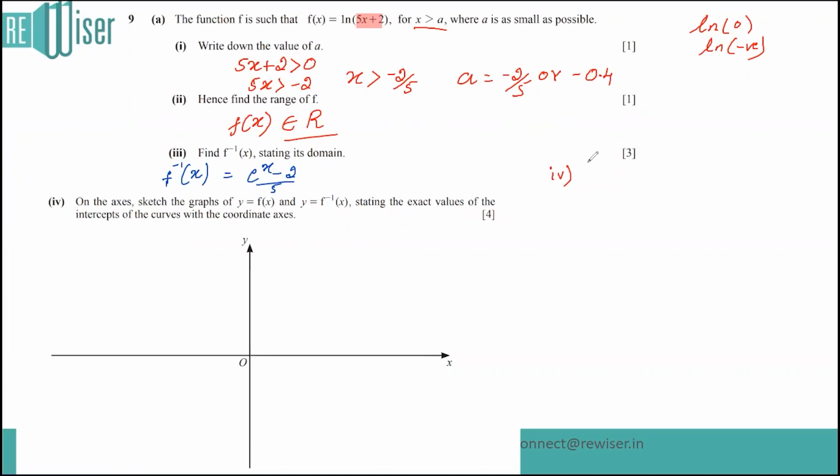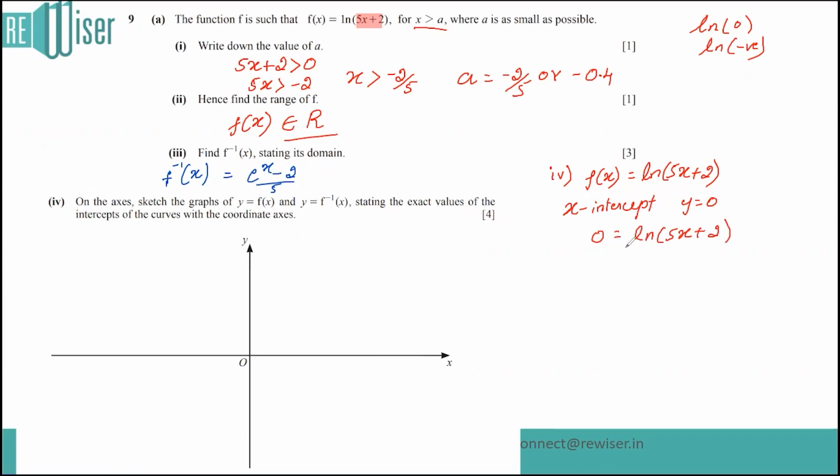For f of x, the x-intercept is found when y is 0. f of x is ln of 5x plus 2, so 0 equals ln of 5x plus 2.